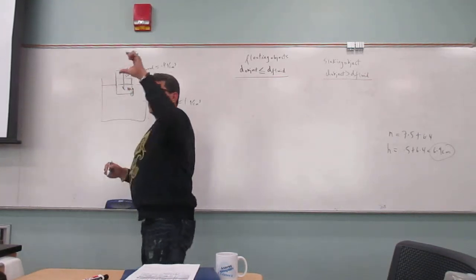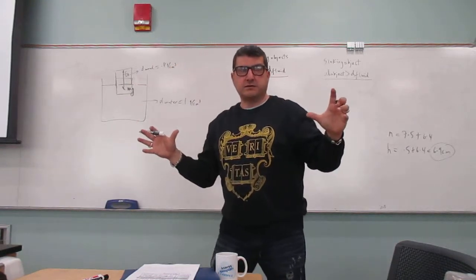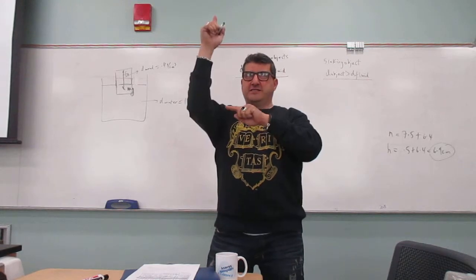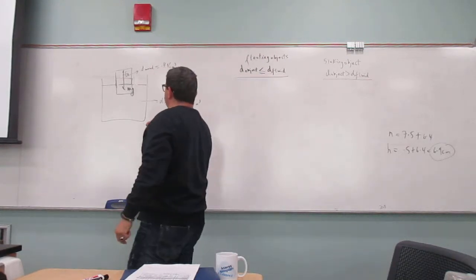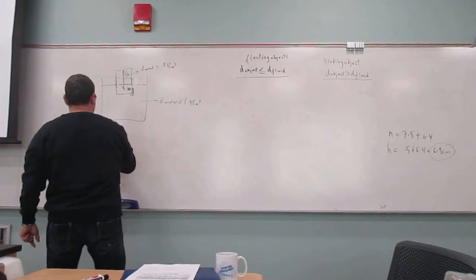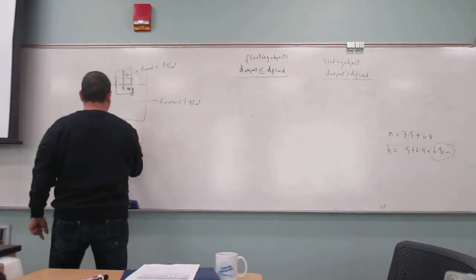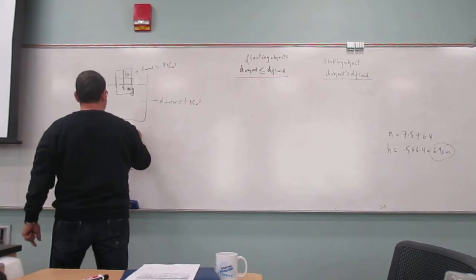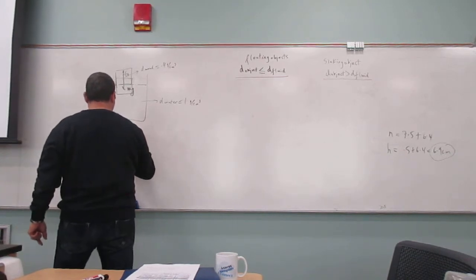There comes a point where it's displaced enough water that the weight of that water is equal to its own weight. So when it's floating finally, you have FB equal to mg.